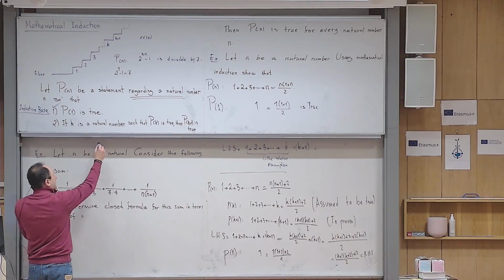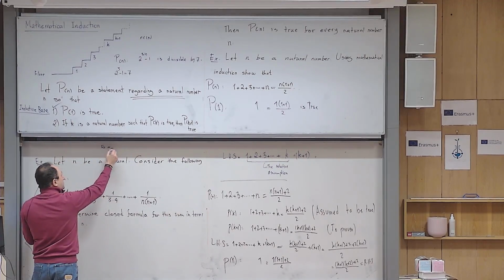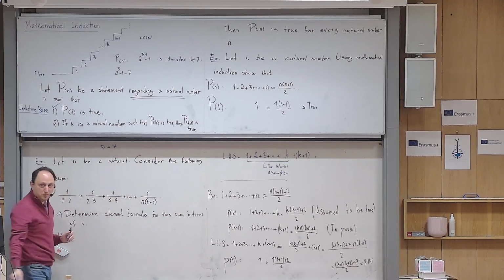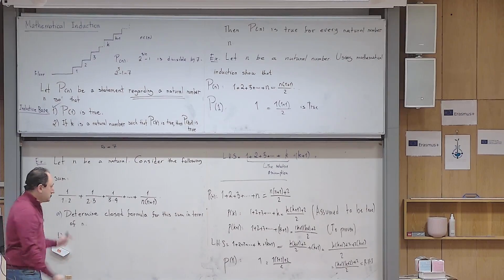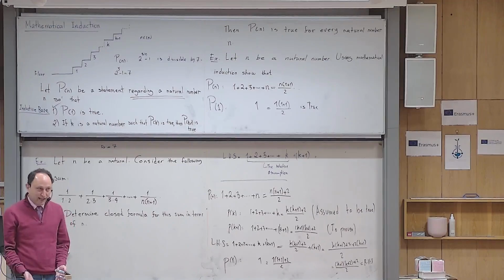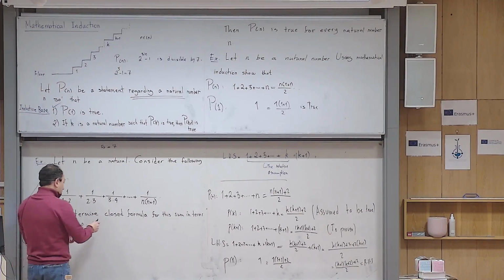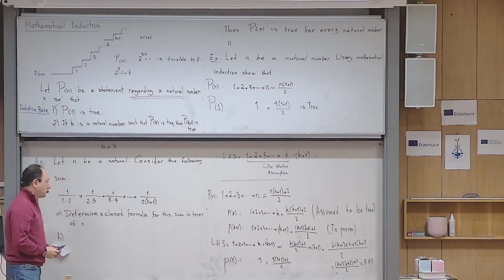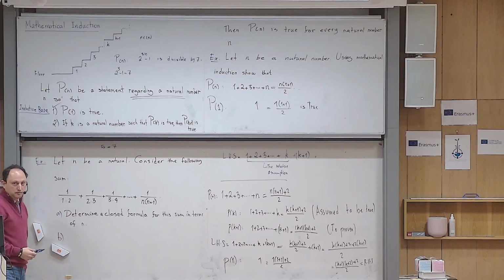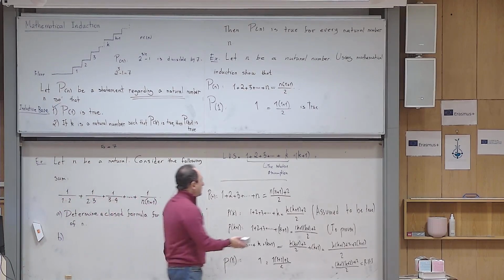You see, 5 is not a statement, but 5 equals 7 is a statement. It is claiming something. This is not claiming something, so I cannot ask you to prove it. So this is why I'm asking, determine a closed formula for this sum in terms of n, okay? And then I will add part B. Okay, so how do you think I will do that?